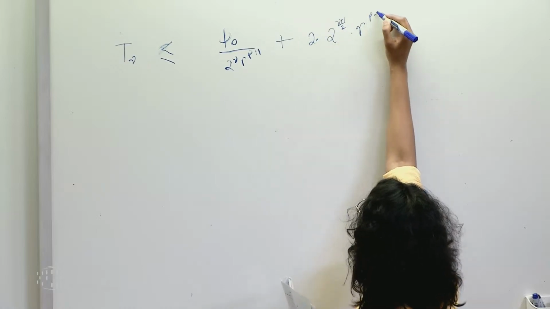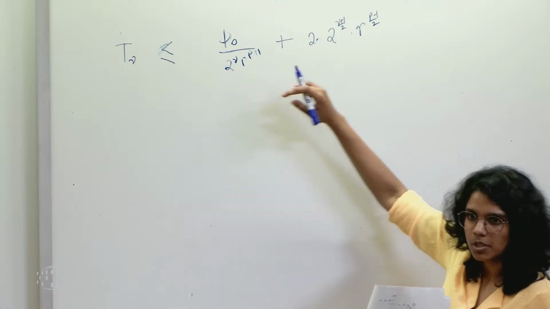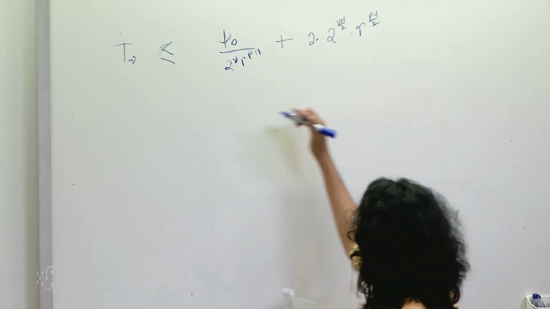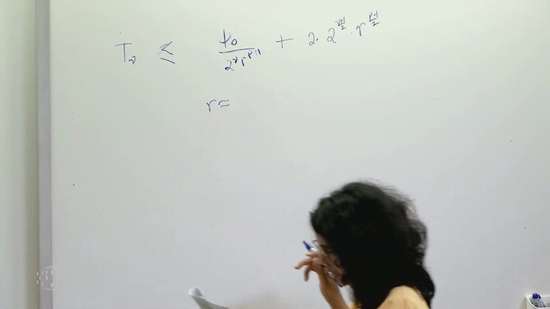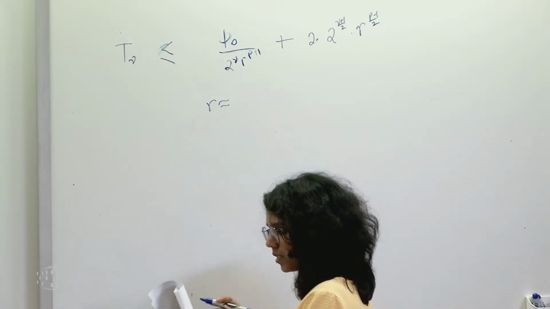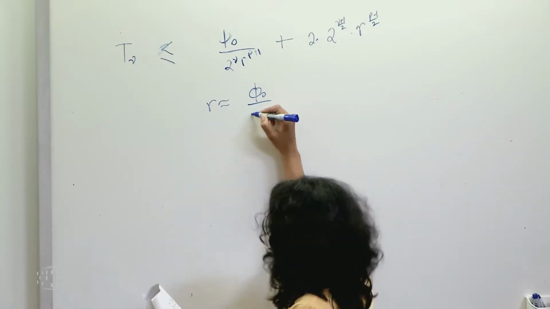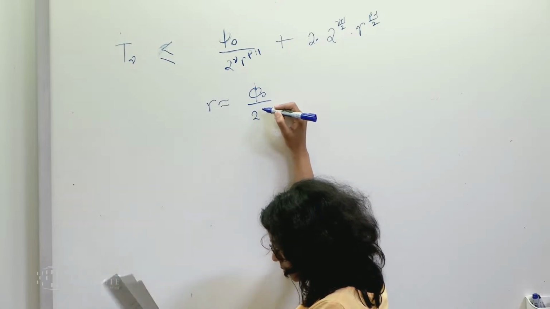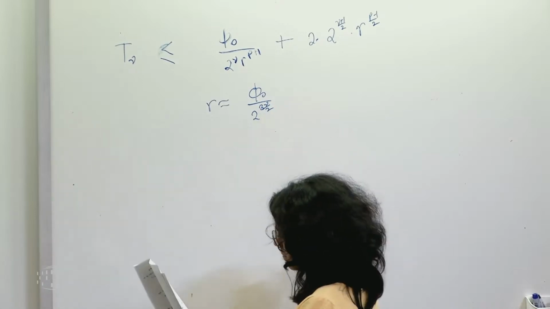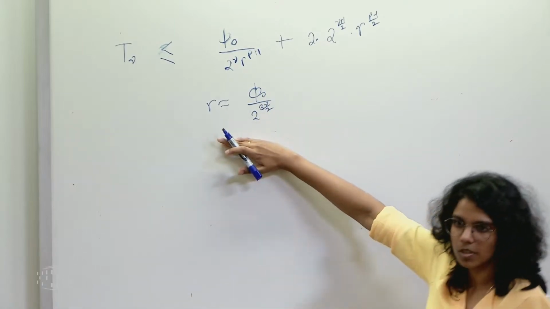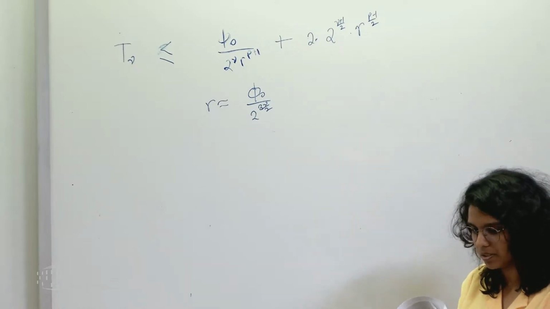So to balance these out, you can set R to be something of this sort. Once we put it back into the total time, you get this.